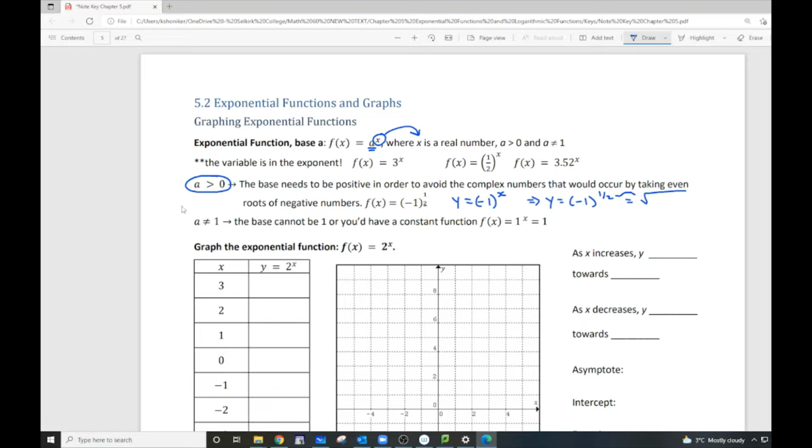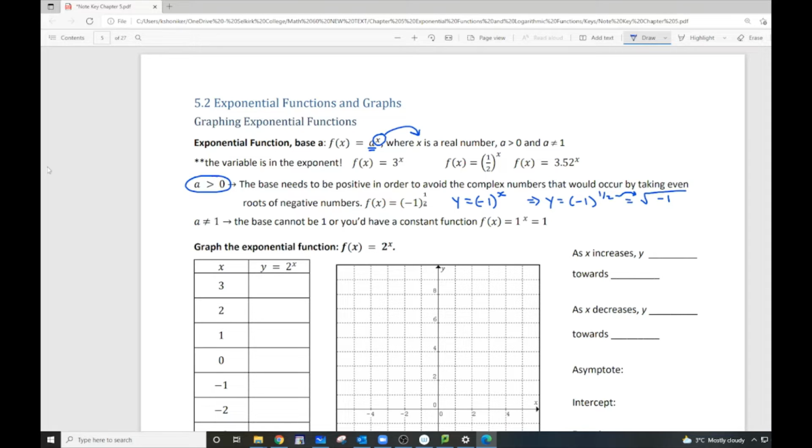So this is the square root of negative 1. Well, the square root of negative 1 doesn't exist. It's an imaginary number. I couldn't graph this. So every time my exponent has a denominator of 2, my graph wouldn't exist. Well, that wouldn't be very smooth, would it? So that's not an exponential function.